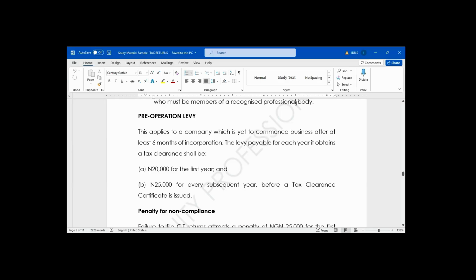Now, what are the penalties for not filing company income tax return?